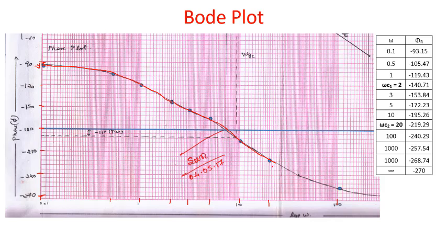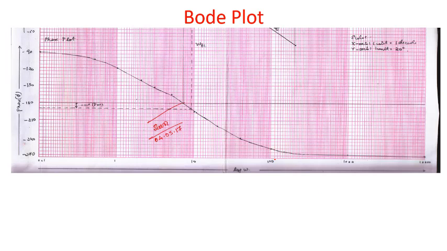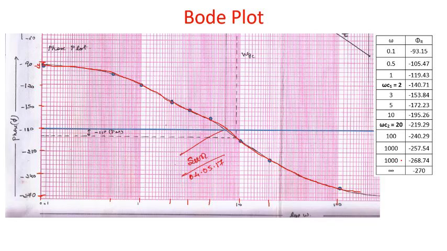Okay, so this is till 100. If you want till 1000, you can go for 1000 and 10,000. As we see for 1000 and 10,000, it will be very near to minus 270. So we plot it as a straight line.